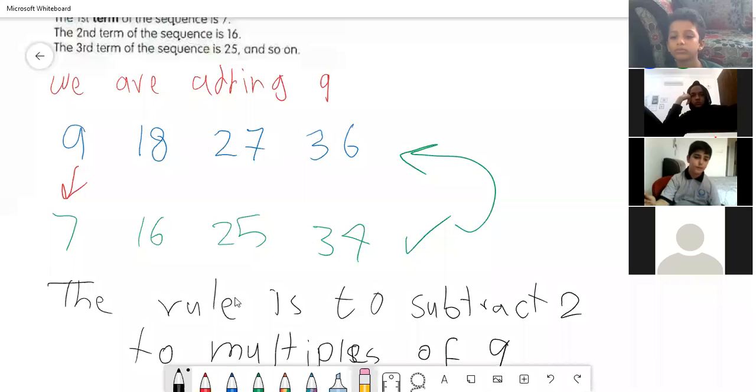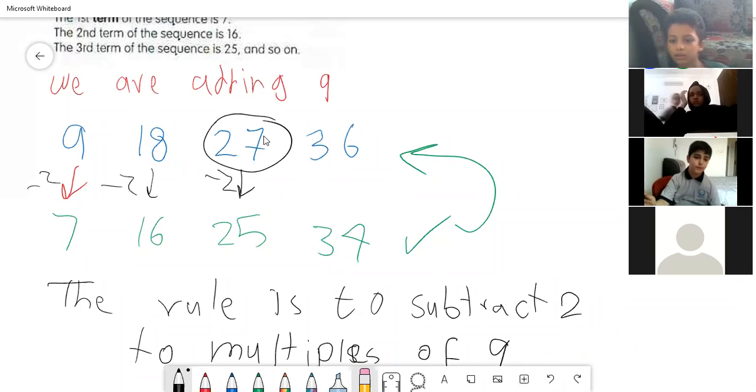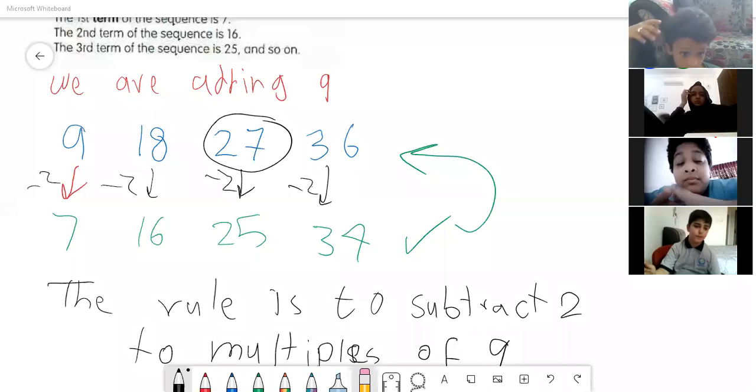For example, 27 is a multiple of 9. Subtract 2 from 27, you get 25. So we are subtracting 2 from the multiple of 9. Okay, is that clear now? I hope so. Let's see if we have more examples, or we can stop here and continue later.